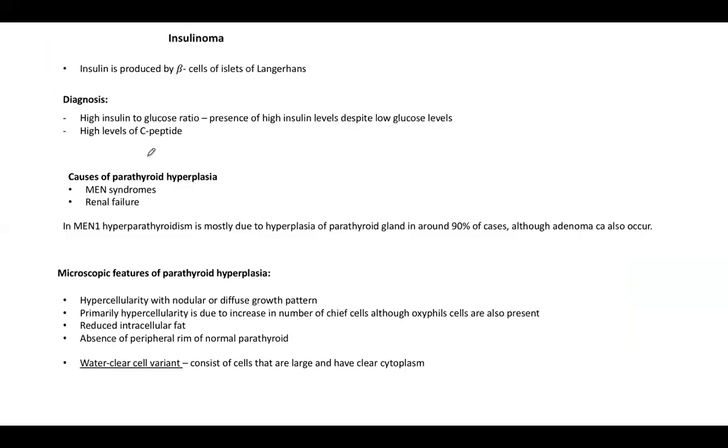So first we discuss insulinoma, which is a tumor of beta cells of the islets of Langerhans. We know it's associated with MEN1, as a pancreatic functional tumor. How we diagnose it: we see a high insulin to glucose ratio.